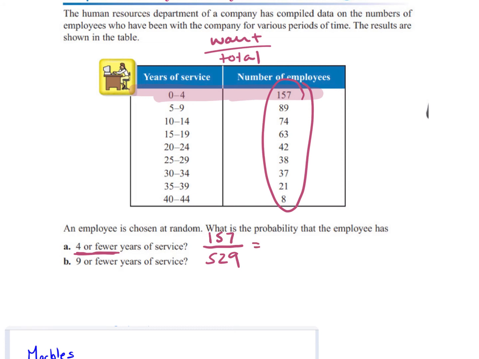I don't know if we can simplify this fraction, but we can divide it to get our decimal. What do we get when we divide these two? 0.297. So what is this in a percentage? 29.7%.